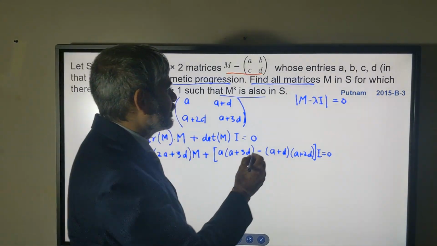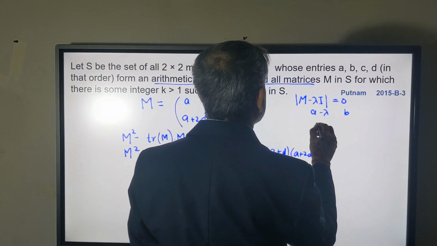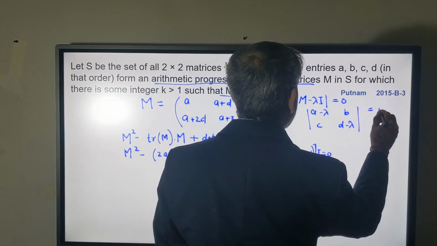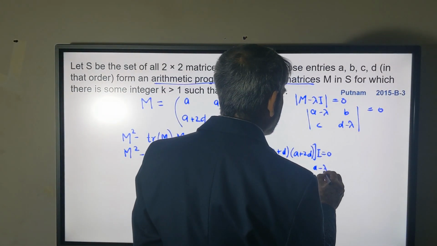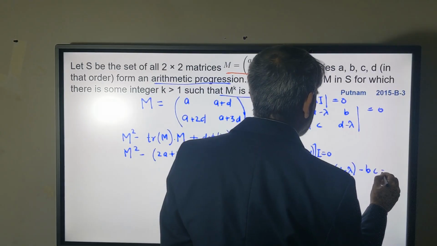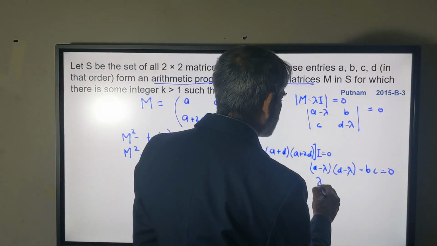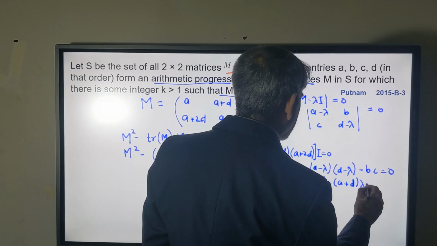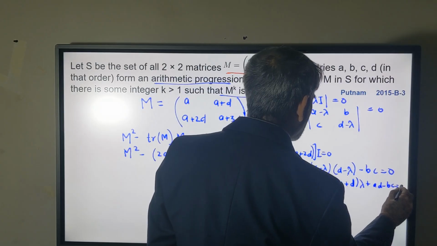So for a 2 by 2 matrix, it looks like A minus lambda, B, and C, D minus lambda is equal to 0, and this leads to A minus lambda into D minus lambda minus BC is equal to 0, and then lambda square minus A plus D into lambda, plus AD minus BC is equal to 0.